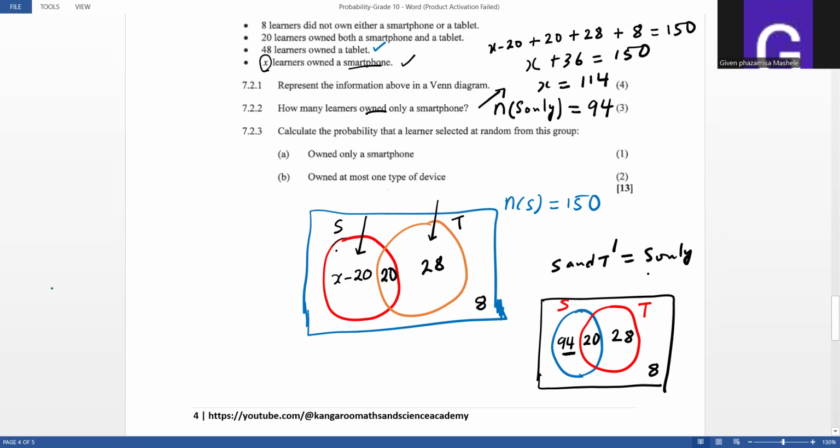For example, if I say how many learners owned tablet only, it will be 28. But if I say how many learners owned tablet, it will be 48, because it's not only. I believe you're following. Now, let's take this further.